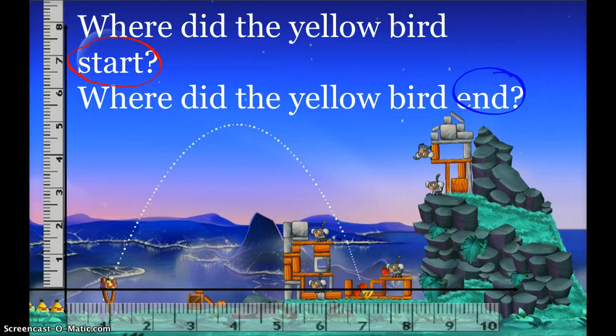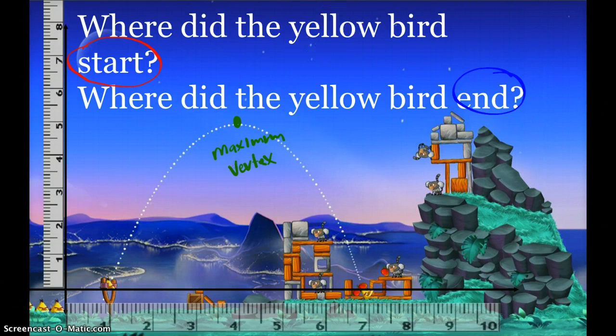Okay, so what we learned last time was this point right here. The top of this we called a maximum or a minimum. If it was on a low point, minimum. And together with this x and y value, we call this the vertex. They were the same thing.